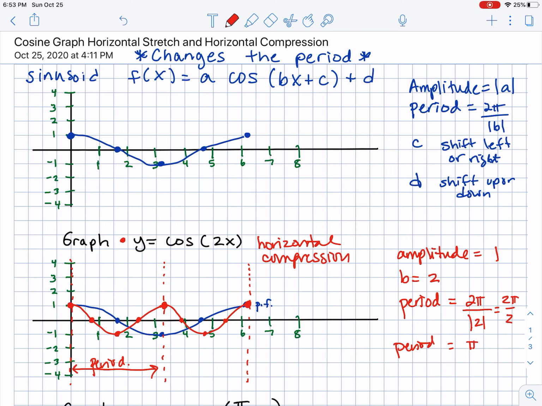So now I see 2 revolutions, 2 cycles of this cosine function in this graph. That's a compression. Okay? I went from a period for my parent function from 0 to 2 pi, and now that has shrunk to a period for my new function, 0 to pi. Notice the period is shorter. That is a horizontal compression.